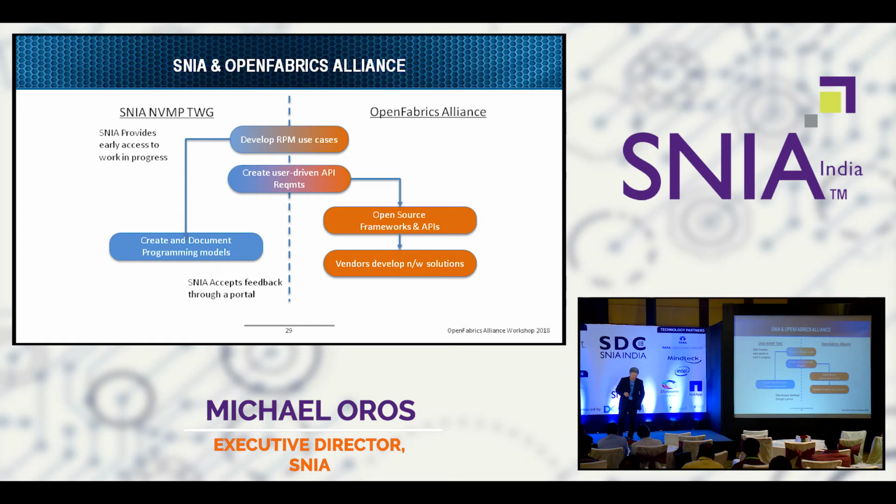So towards this, we announced about a month and a half ago a new strategic alliance between SNIA and the OpenFabrics Alliance, which looks exactly at exploring these use cases further, trying to identify new use cases as well for persistent memory, and trying to focus again on those use cases that are of most value.